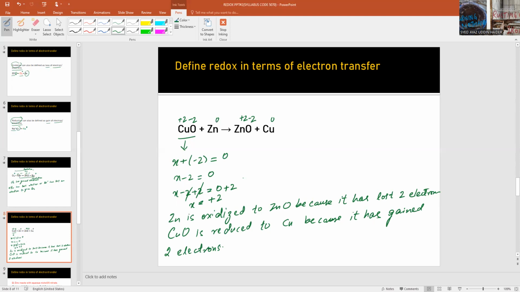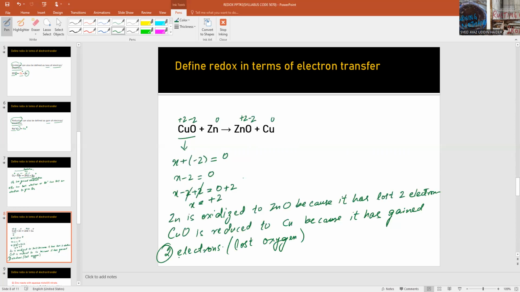You can give any one of the following reasons for reduction and oxidation. It states that CuO is reduced to Cu because CuO has lost oxygen. You can even write lost oxygen here. Or Cu has gained 2 electrons, I have already mentioned.